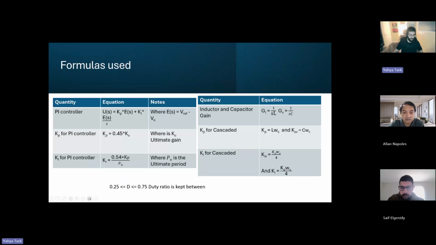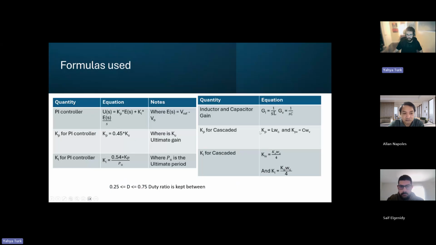So for a PI controller using the Ziegler method, once we get our Ku and Pu, we can use these formulas and get our values. And then as we said, the inductor gain is an integrator. Voltage in a capacitor is also an integrator.